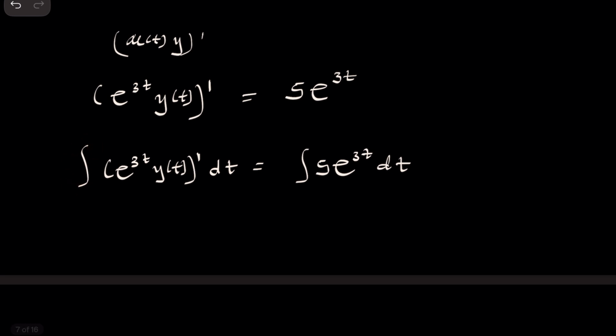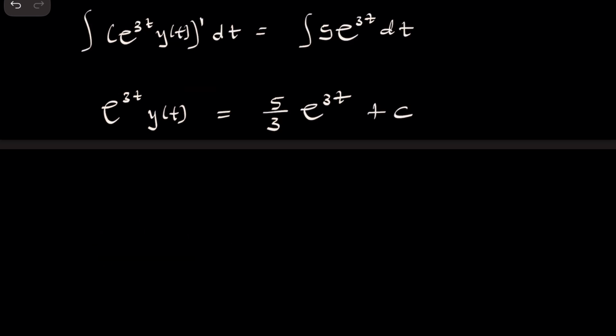Now since the integral operator and the differential operator are inverse functions, these two will cancel out. And so we are going to have the left hand side to be e^(3t) y(t). Now we have to integrate the right hand side, and so the right hand side will give us 5/3 e^(3t) plus a constant c.